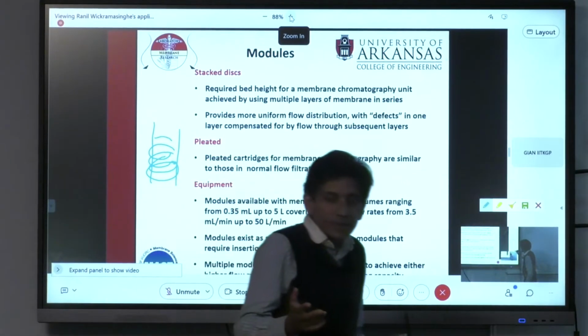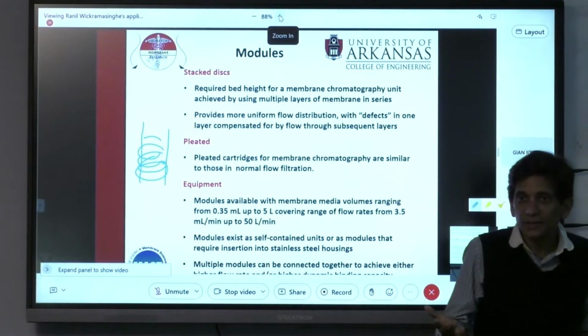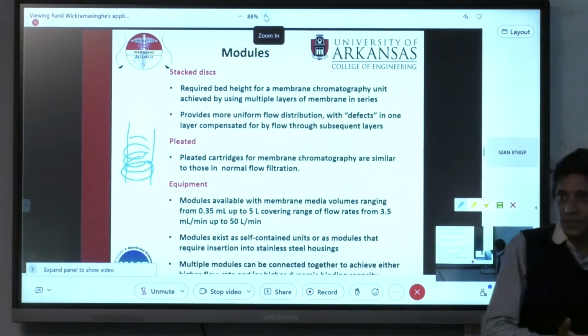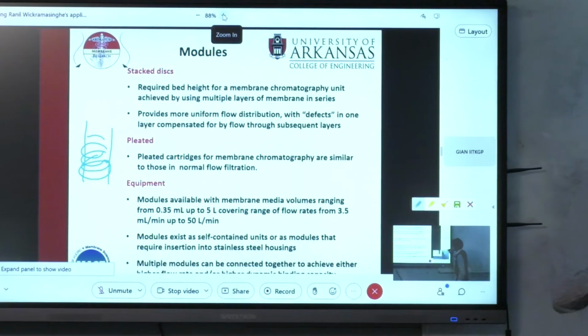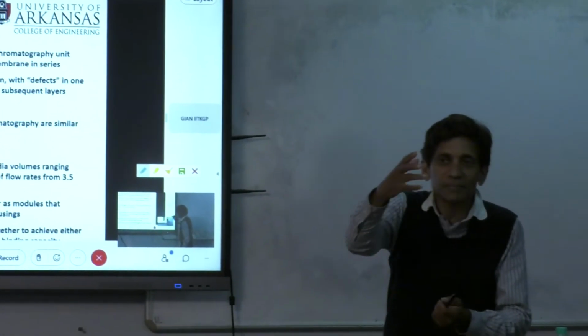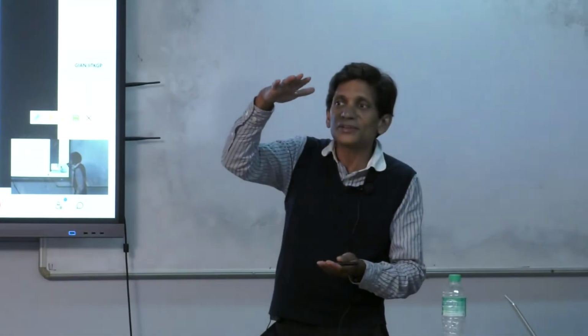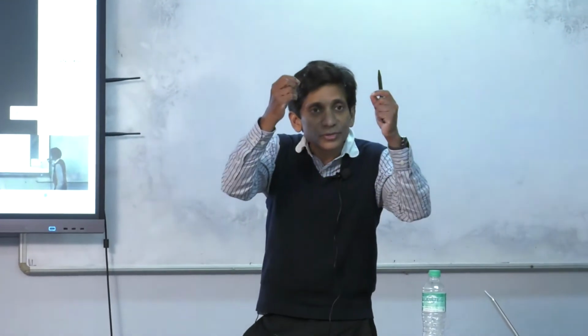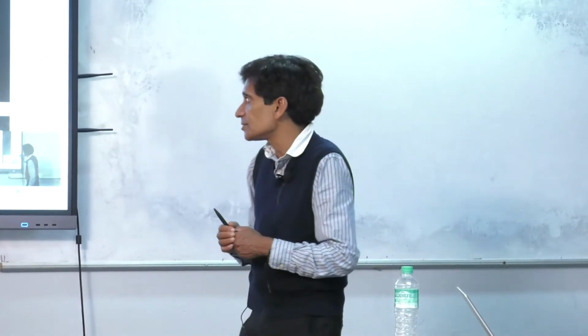Well, we know that membranes have a pore size distribution, right? But we actually want a uniform pore size, as I showed you in that diagram. So as you stack them, you tend to get a more uniform pore size, right? Because you have bigger pores, smaller pores, but they should be averaging out to a more uniform one because you want the same flow rate through all these pores. You want the residence time to be the same. If you don't have the same residence time, you will have early breakthrough effects.